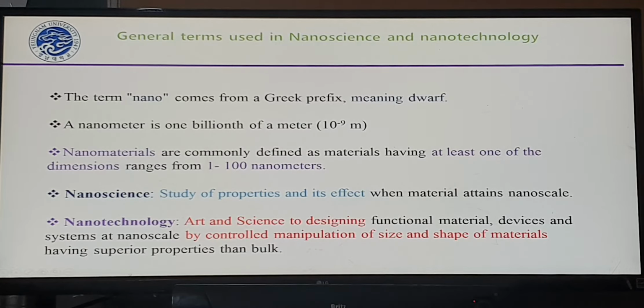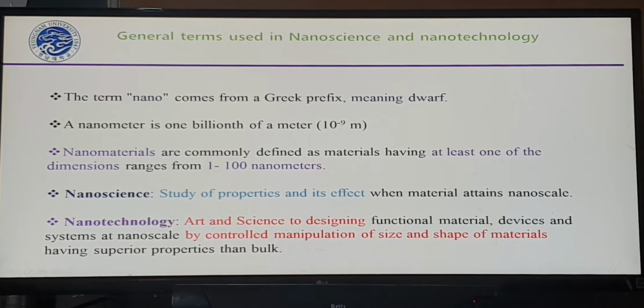Nanomaterials are commonly defined as materials having at least one of the dimensions ranging from 1 to 100 nanometers. So how can a material be treated as a nanomaterial? You all know we have one dimensional, two dimensional, and three dimensional materials.